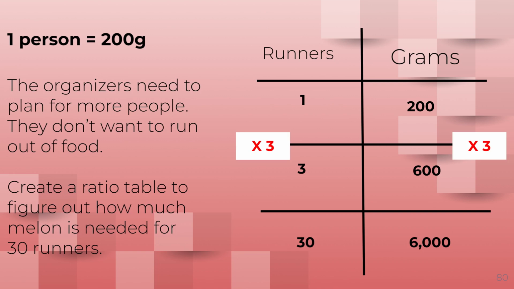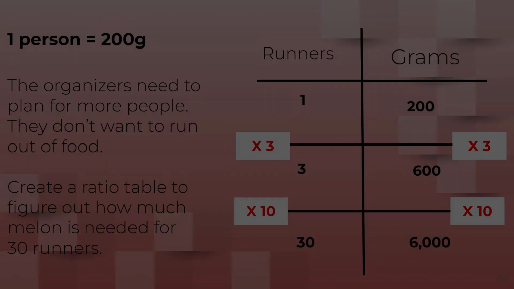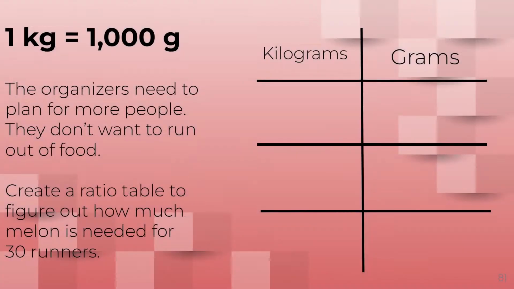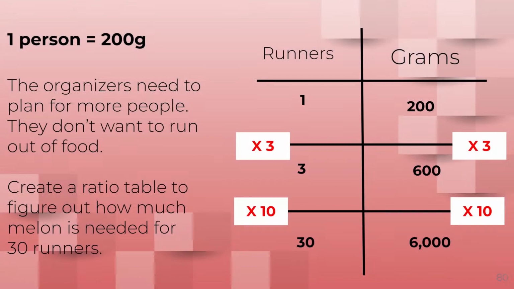So the first time I'm multiplying the number of runners by 3, same with this gram side. And then I'm multiplying 3 runners by 10 to get to 30 runners and 600 grams by 10 to get to 6,000 grams.